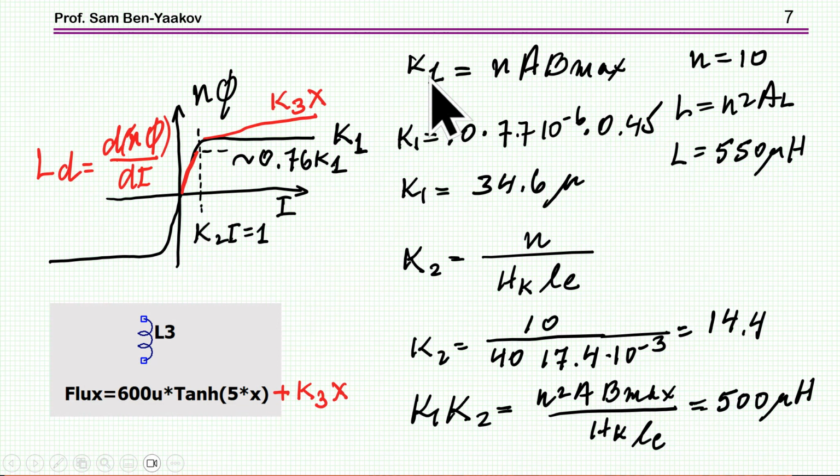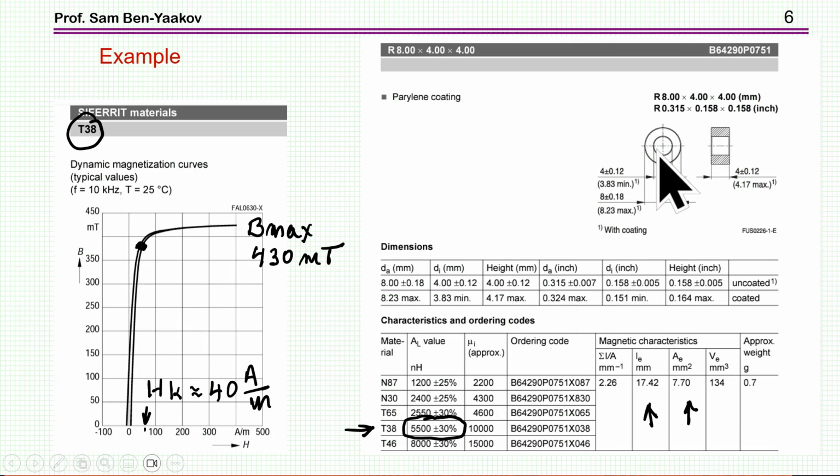So now we can calculate K1 from this expression, which comes to be 34.6 times 10 to the minus 6. I've chosen 10 turns. The inductance according to the data sheet: this is the data sheet, and this is the AL value.